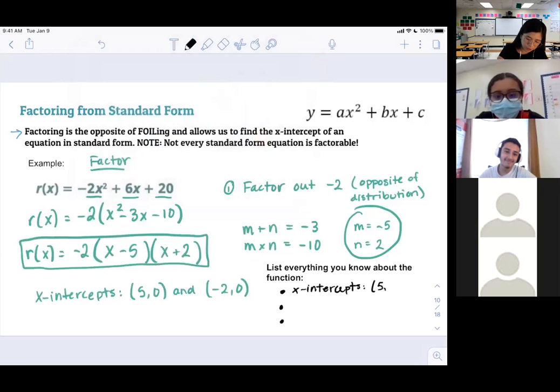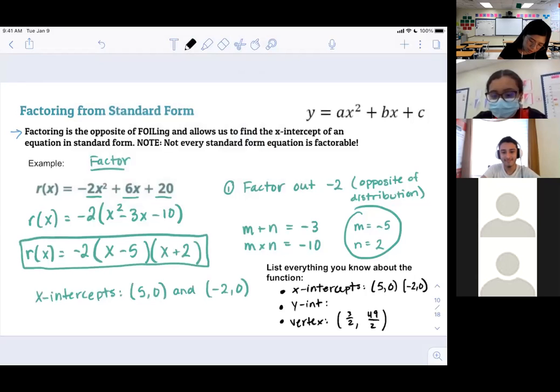Okay, but what were the actual numbers we got? The y-intercept is (0, 20). And the vertex was (3/2, 49/2). Good. And the y-intercept we said was (0, 20).